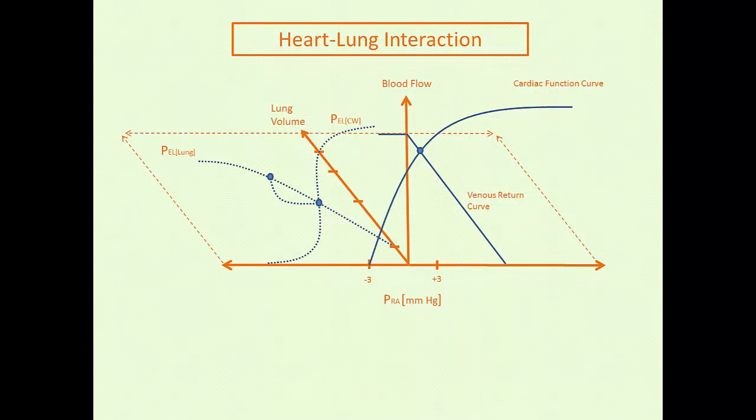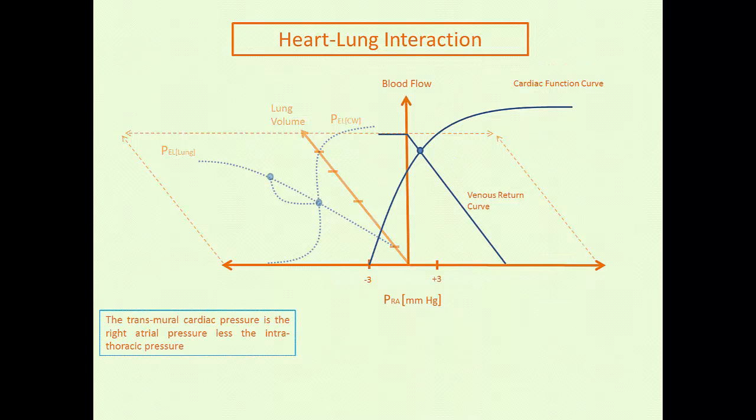So heart-lung interaction in a nutshell. This is what we just saw. So let's go through a normal inspiration in a normal human being with normal dynamic pulmonary properties, normal static pulmonary properties, and normal chest wall properties.